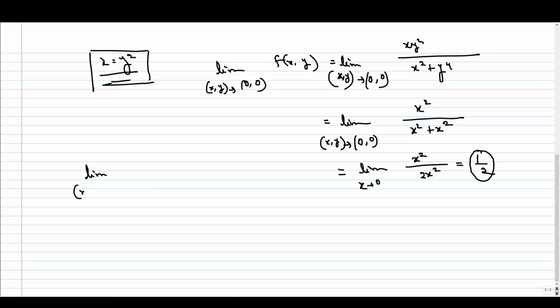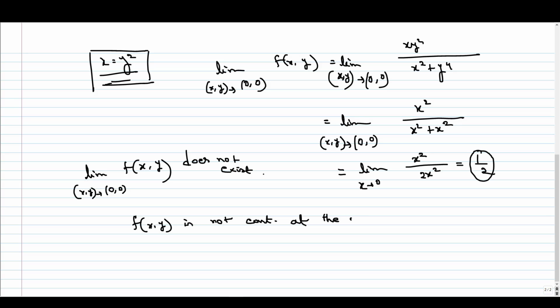So the limit of f of xy as xy tends to 0 comma 0 does not exist. That means f of xy is not continuous at the origin. Thank you.